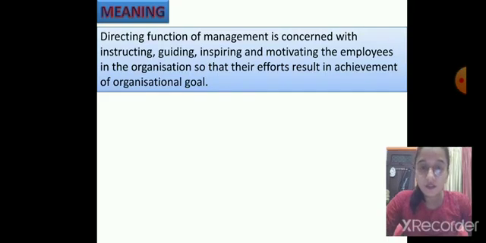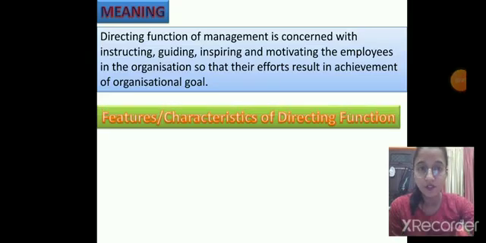So directing does not only mean giving instruction, but it also involves supervising the employees while performing their job. They also motivate the employees so that they can work more efficiently, and they also lead towards the achievement of organizational goal. Now here are some features or characteristics of directing function.